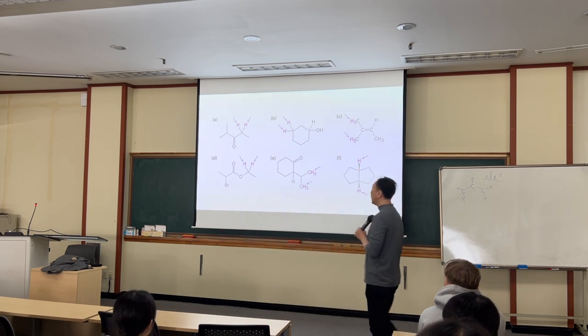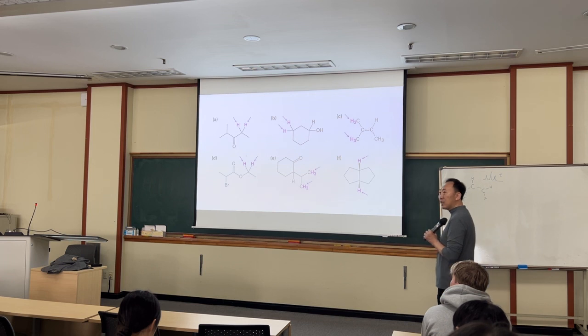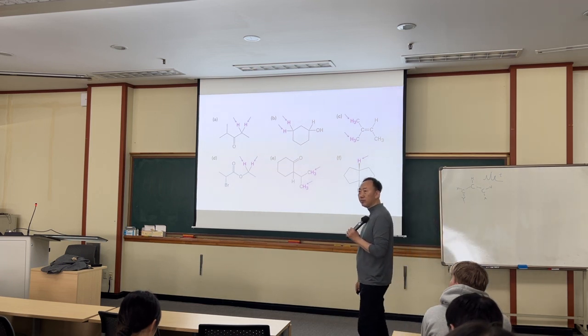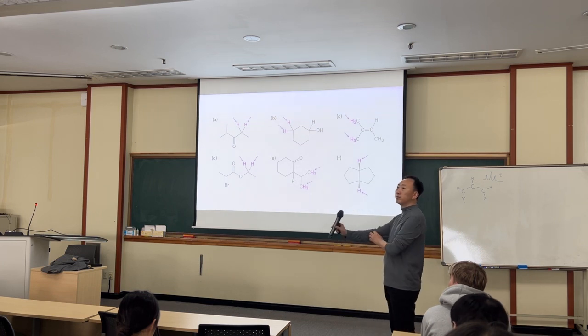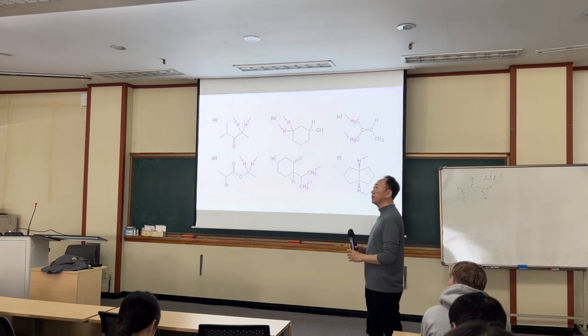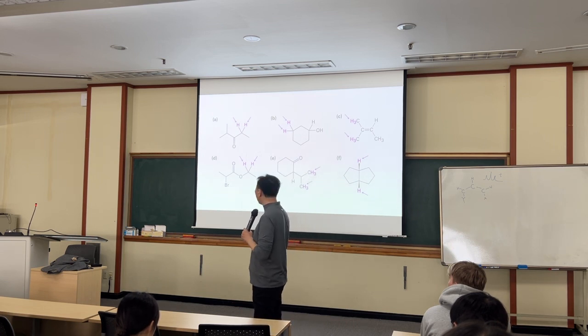Now, by looking at this, can you tell whether this is homotopic, enantiotopic, or diastereotopic? Let's look at this one. What do you think? That's an enantiotopic, because if you change that, this becomes a chirality center. In NMR, how many peaks?